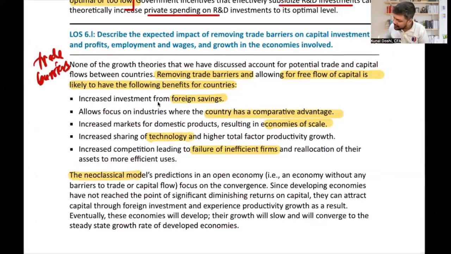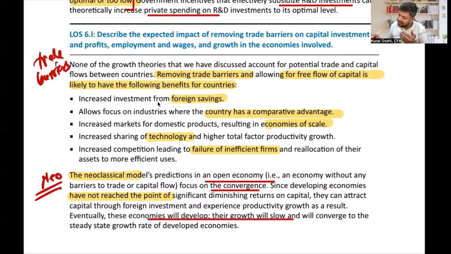Under the neoclassical model, predictions in an open economy focus on convergence. Now remember, developing economies still have enough to grow from capital deepening, isn't it? So they do require foreign investment, and we cannot have the foreign investment stopped. So under the neoclassical theory, these economies will develop if there are no trade barriers.